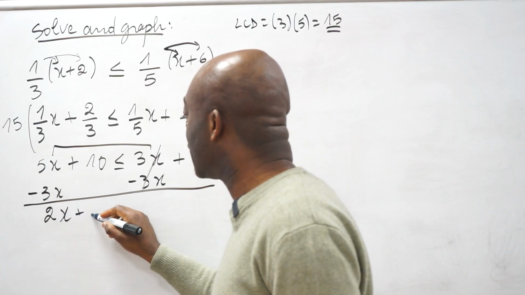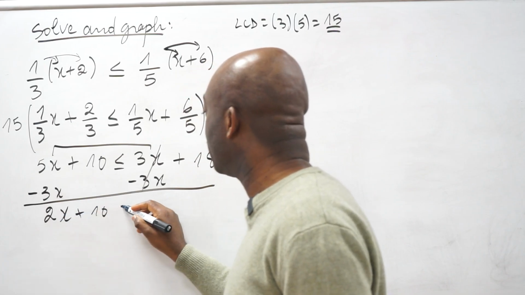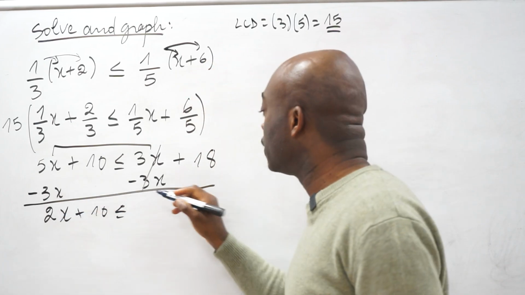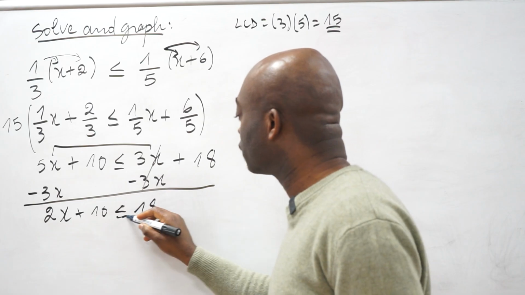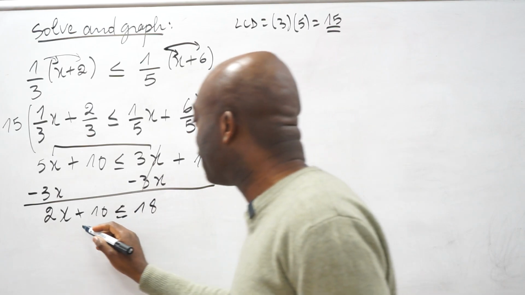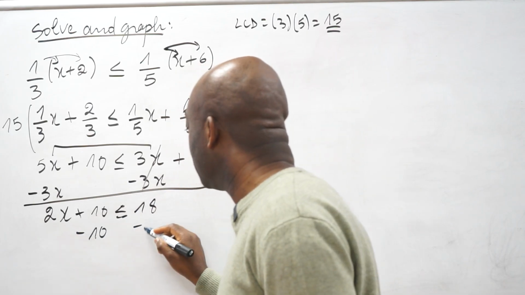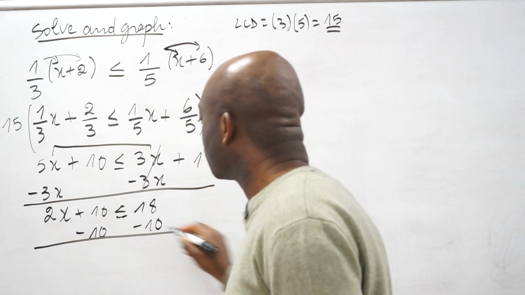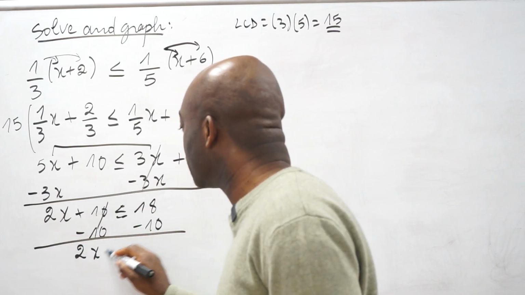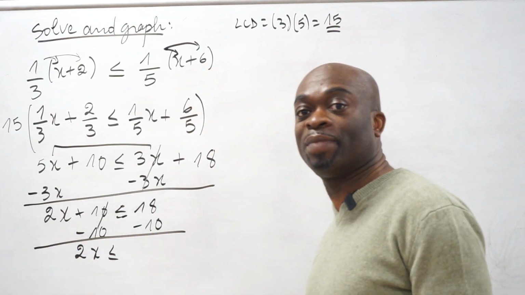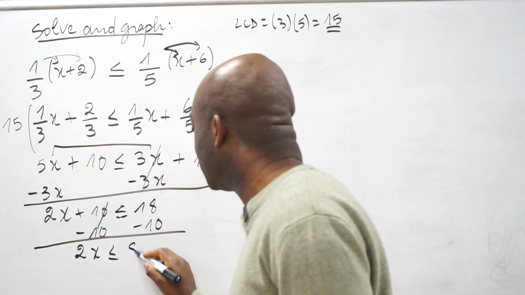So 2x plus 10, less than or equal to 18. And then we have negative 10, negative 10. So this is 2x less than or equal to, what is 18 minus 10? It's going to give us 8.